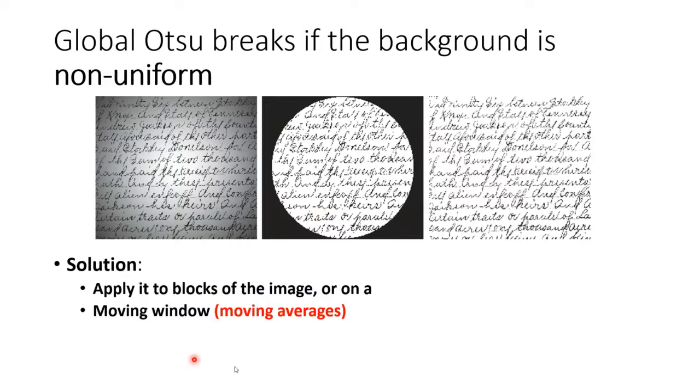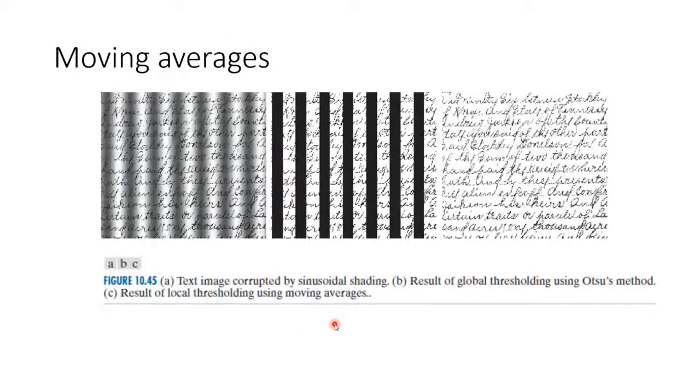So the main notion is to apply Otsu in blocks of the image. You just take portions of this image, or do a moving window, as I explained in the previous slide. That's called the moving average method. The moving average method is also good for sorting out this kind of sinusoidal shading. I'm sure you've seen this many times before.